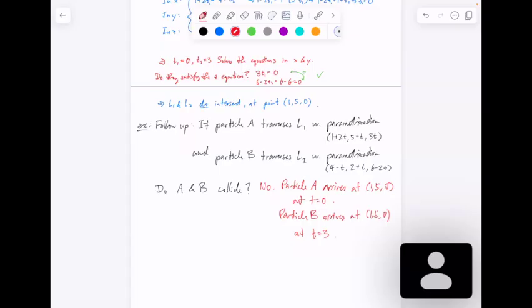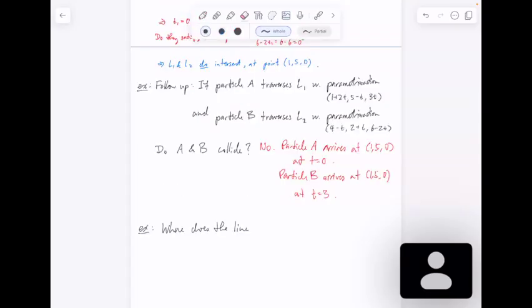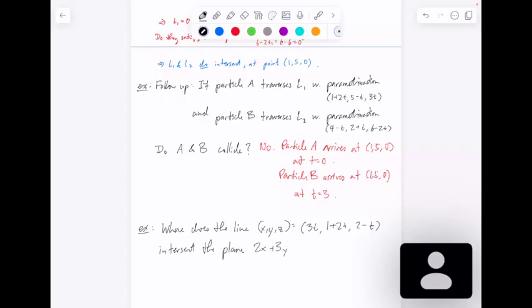And now, where does the line (x, y, z) equal to (3t, 1 plus 2t, 2 minus t) intersect the plane 2x plus 3y minus z equals 4?